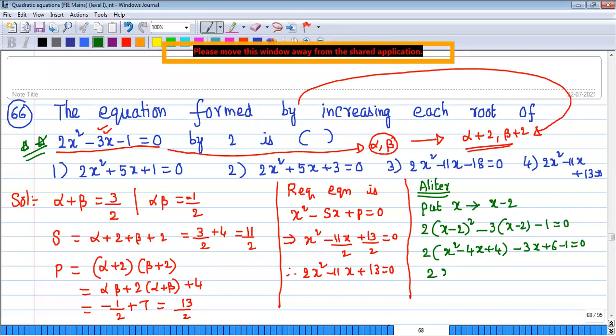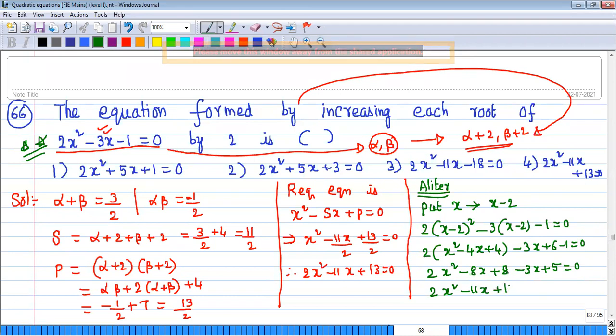So 2x square minus 8x plus 8 minus 3x plus 5 equals to 0. We need to simplify. 2x square minus 8x minus 3x is minus 11x, 8 plus 5 is 13, equal to 0.